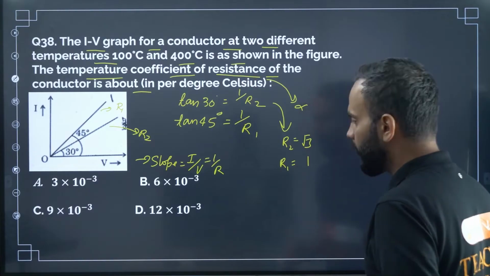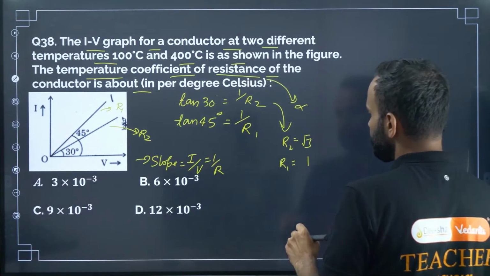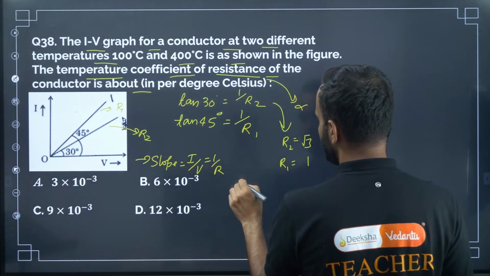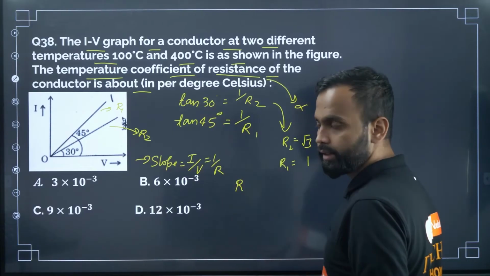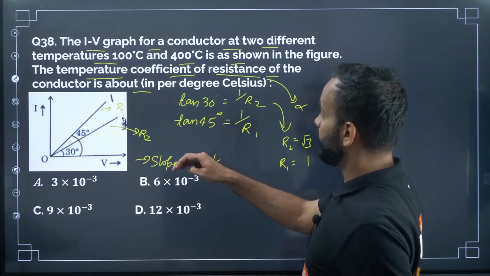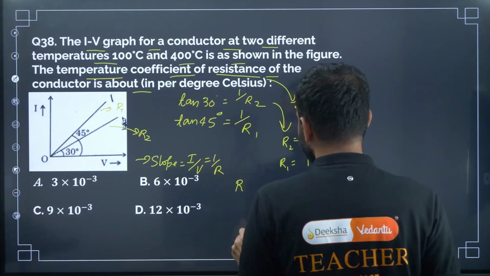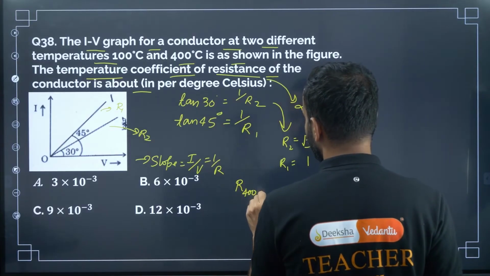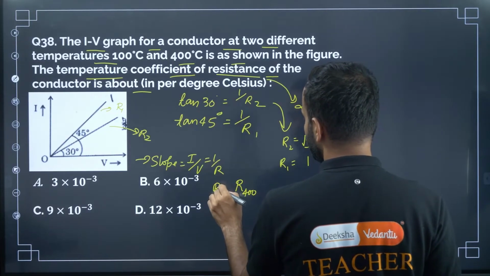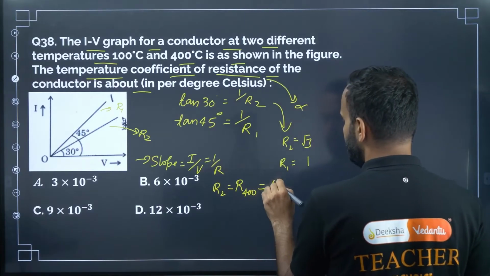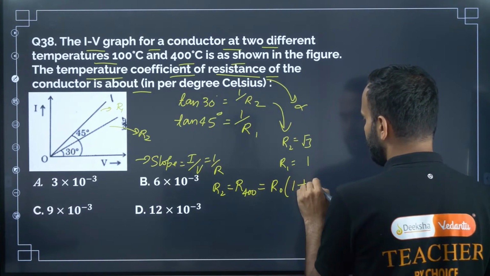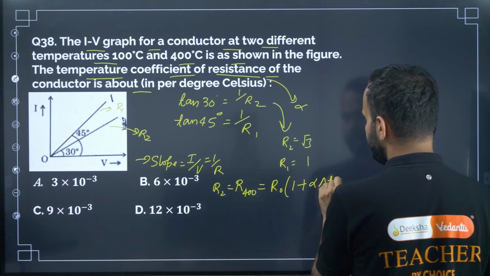Now R2 is the resistance at 400 degrees Celsius. So R 400, that is equal to R2, which is equal to R naught into 1 plus alpha into delta T2.